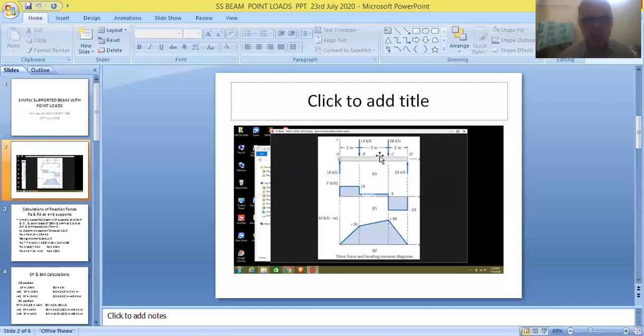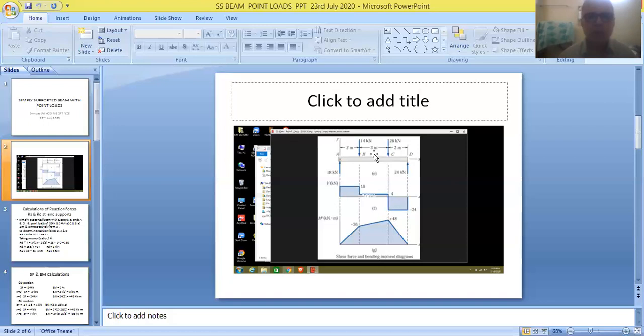Now we are going to solve a problem on a simply supported beam provided with point loads. In this arrangement, 2 point loads are acting on the upper surface of the beam.